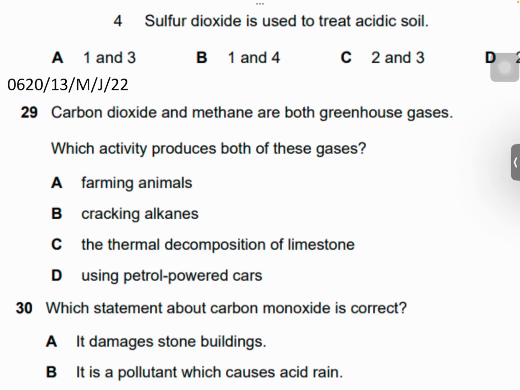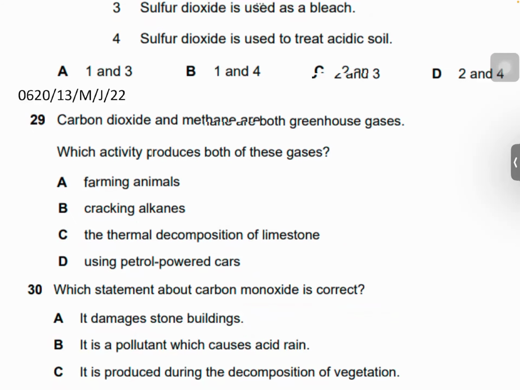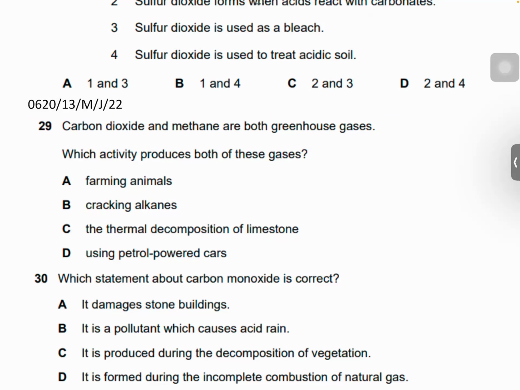Which activity produces both of these gases? Farming animals, cracking alkanes, the thermal decomposition of limestone, or using petrol-powered cars. So what is the option? A.